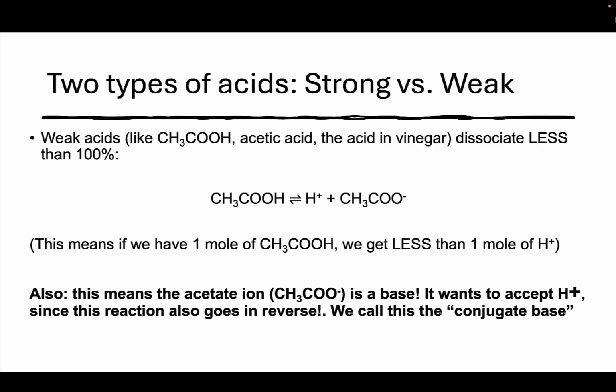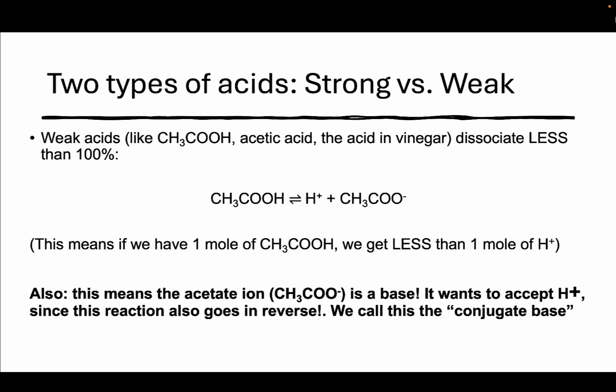In contrast, weak acids like acetic acid, CH3COOH, the acid in vinegar, which we'll see this notation. This is a condensed structural formula. We'll explore this more in organic chemistry. It describes the structure of acetic acid a little bit better than if we group all of the C's and O's together. But anyway, acetic acid dissociates less than 100%.